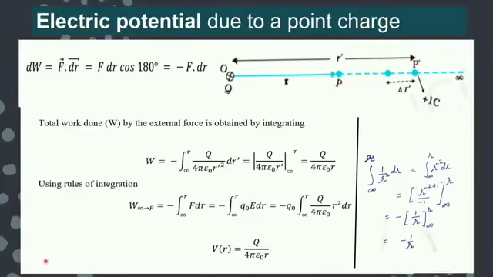It means if I want to mark the direction of the field, it is like this, and the external force you are applying in this direction, which you are applying just to bring the object here.